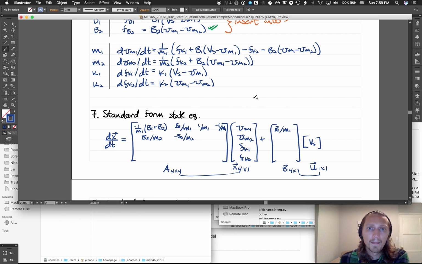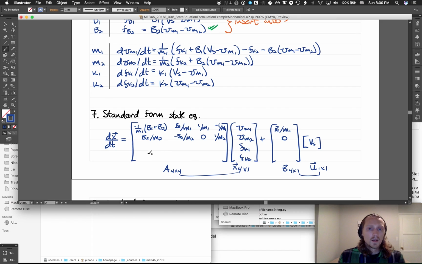And fk1 doesn't show up, so we have a 0. And then fk2 shows up as a 1 over m2. We have no input in this equation, so a 0 goes in that row of the B matrix.